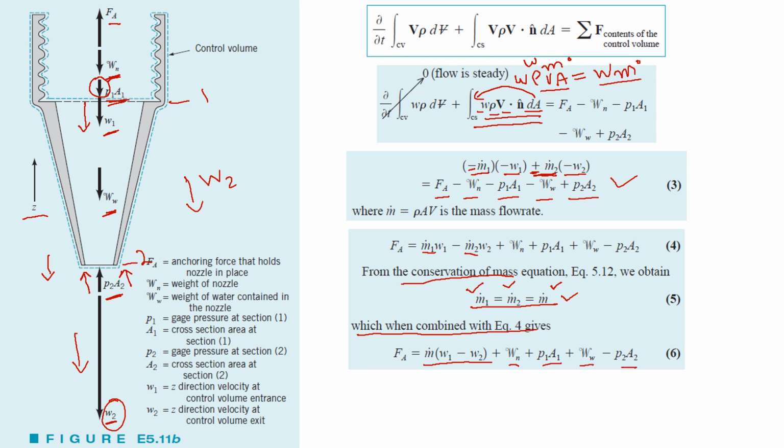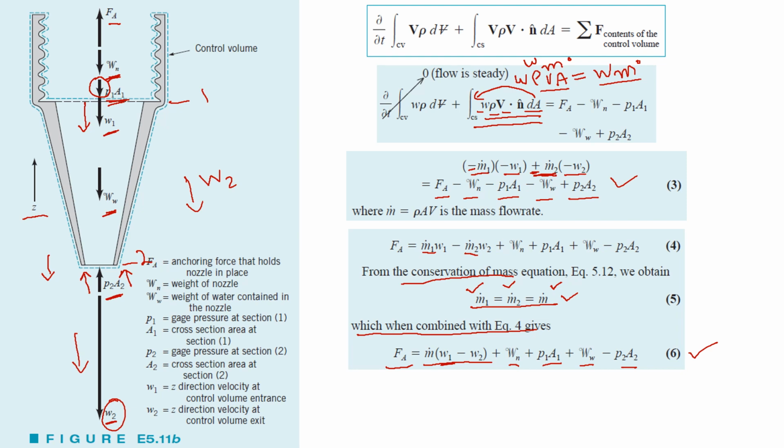So this is my final governing equation, and now I will put some values in this to find my anchoring force. Some are given and some will be derived. Like the velocity at section 1 is not given, so I will have to find it from my volumetric flow rate, because I know my volumetric flow rate at section 1, it was given in the statement, so I can also find the velocity.